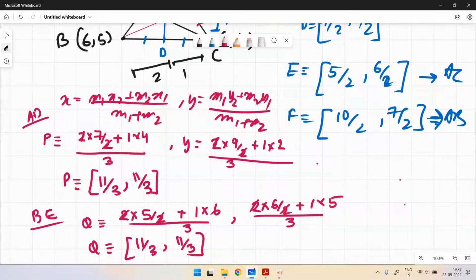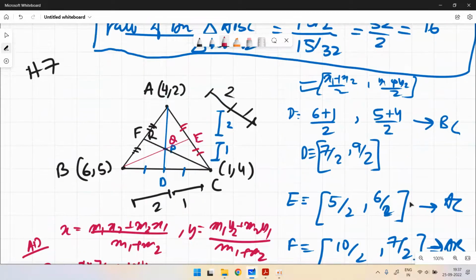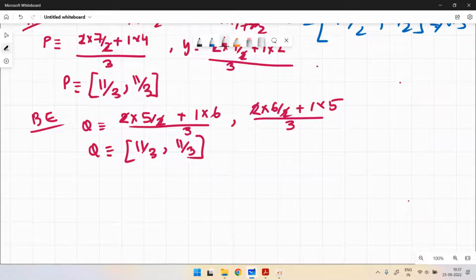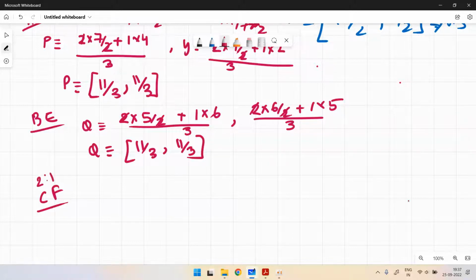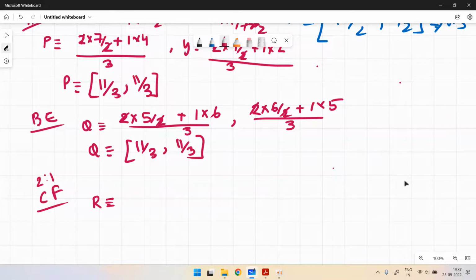Now for CF, this is 2 to 1. The ratio from C to F is 2 to 1. So for the point R, I'm taking C as the coordinate, x and something like that.